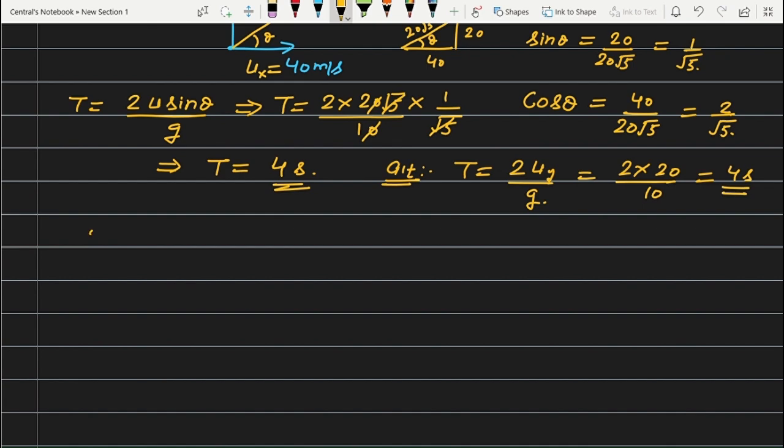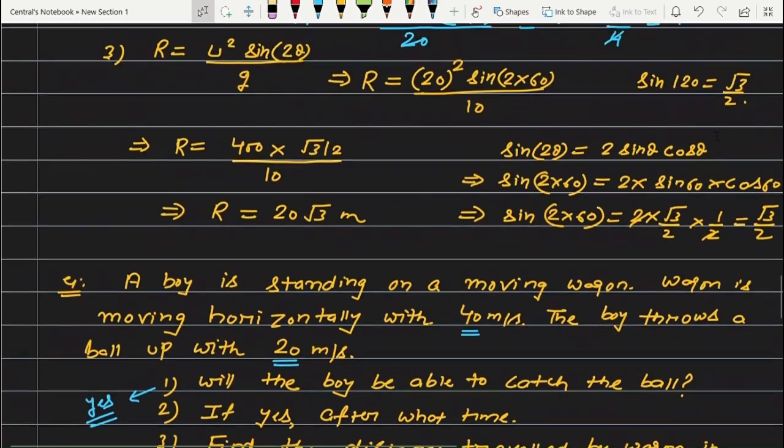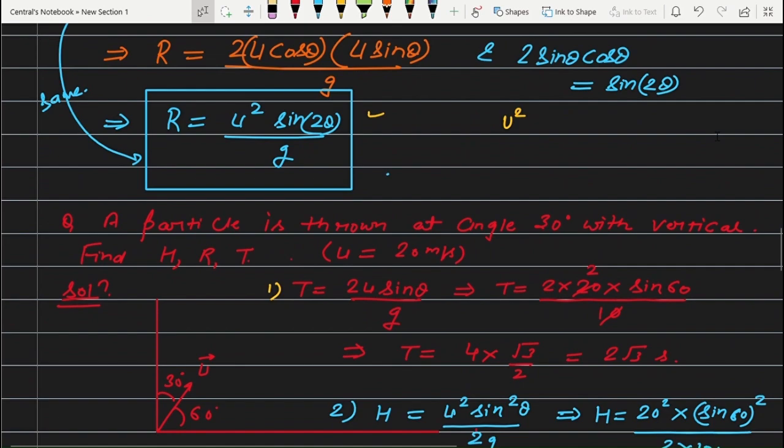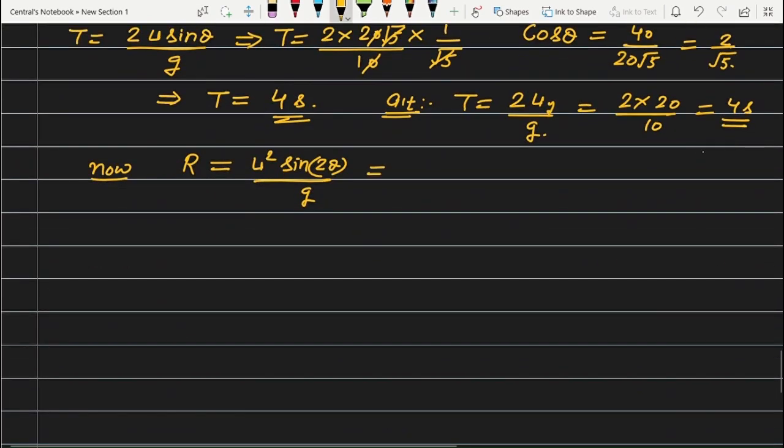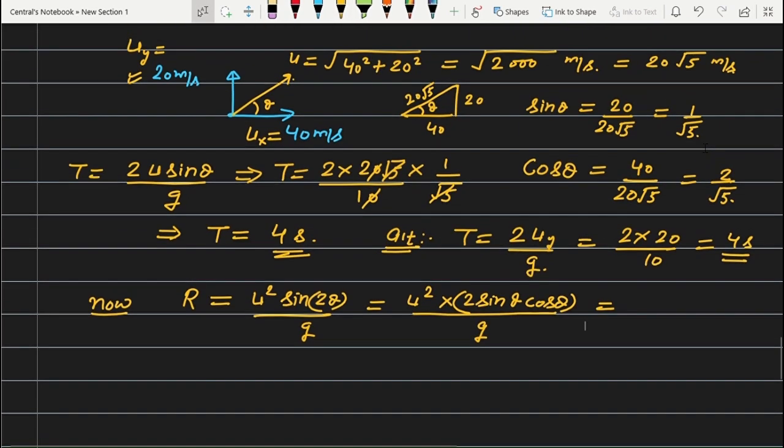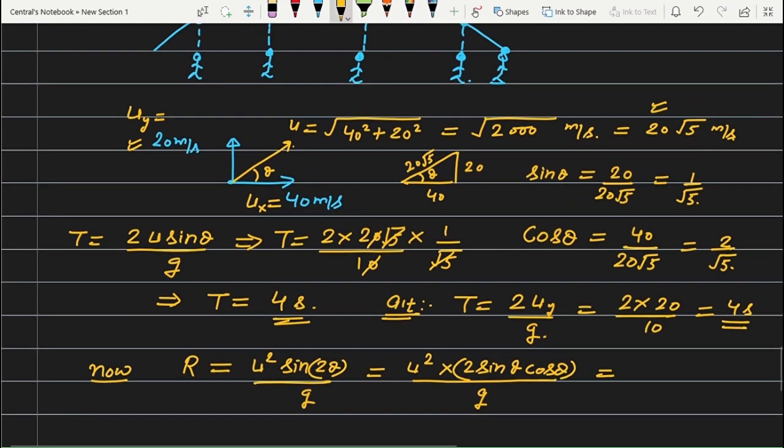Similarly, if we need to find the horizontal range, the range formula was u square sin 2 theta by g. Let me check that once. Yes, the range formula is u square sin 2 theta by g. So we can write it as u square into 2 into sin theta into cos theta by g. U is 20 root 5.